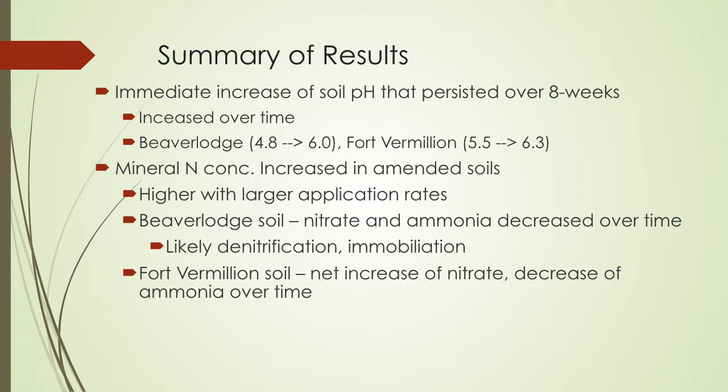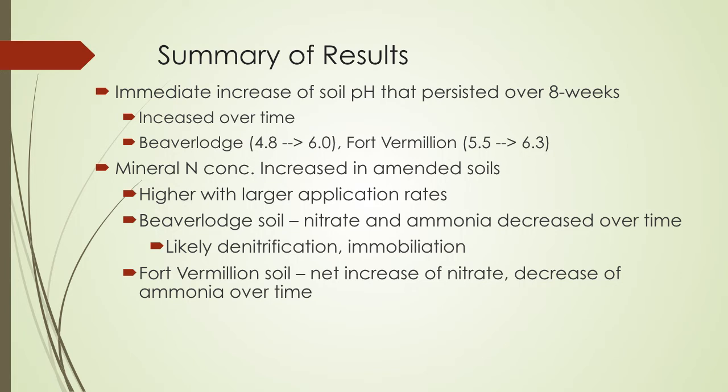And also the availability of mineral nitrogen concentrations increased with the manure amendment. And those tended to be higher with the larger application rates, such as 20 or 40 grams of the manure. We briefly touched on this on the last set of slides, but in the Beaver Lodge soil, the nitrate and ammonia decreased over time, over the length of the incubation period after the initial spike.